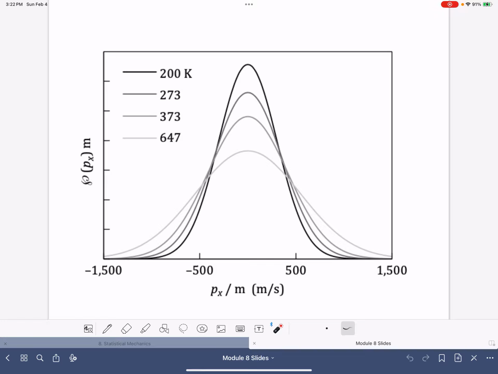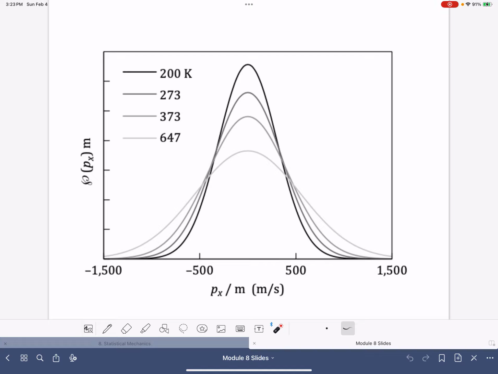Because it's symmetric, that tells us that for the particles within the system, there's no flow in any direction, because the probability that its momentum has some negative value is canceled out by the probability that the particle has a momentum in the equal but opposite direction.